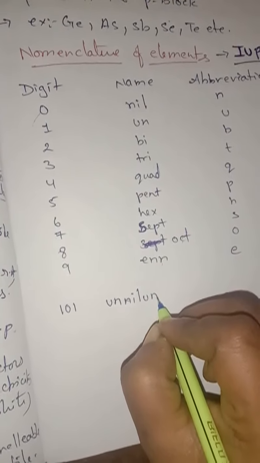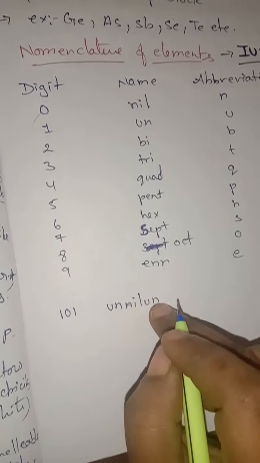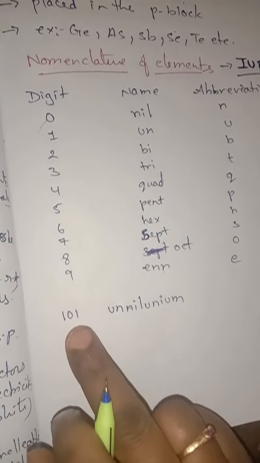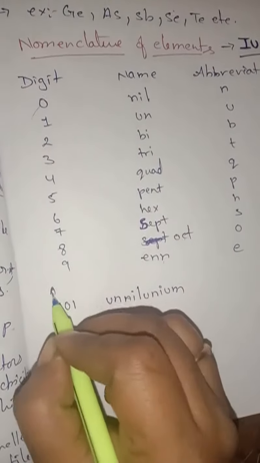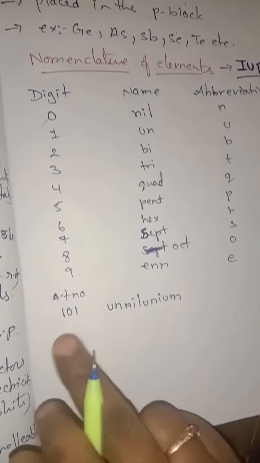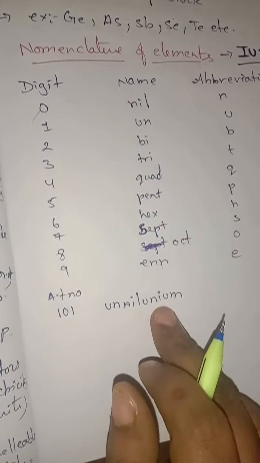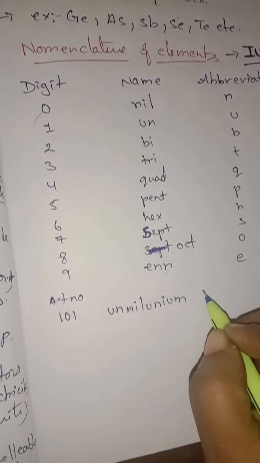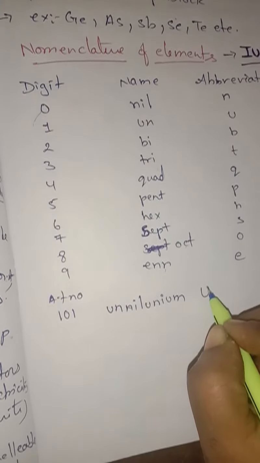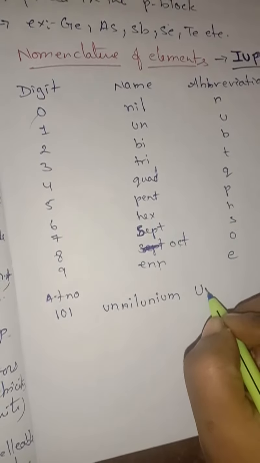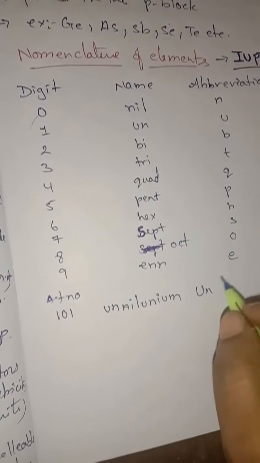So un, nil, un, and ium. This is the name of that element: unnilunium. What is the symbol for this, children? U, the first letter should be a capital U. Nil means n, and again un means a small letter u. Like this you have to write.